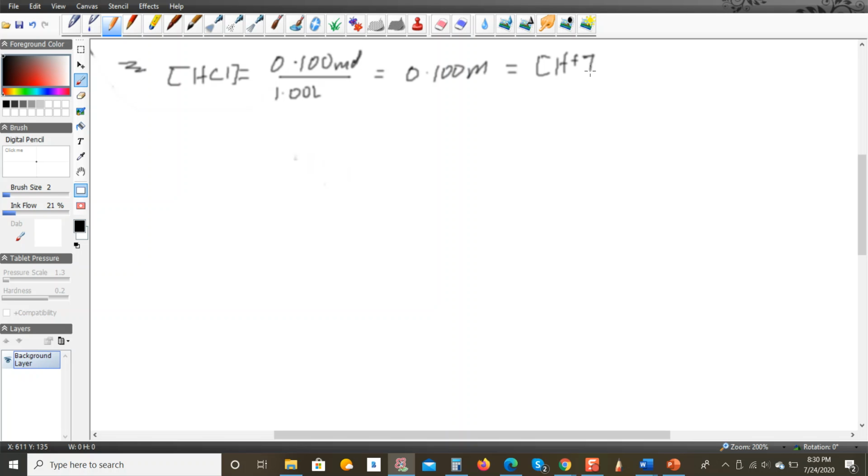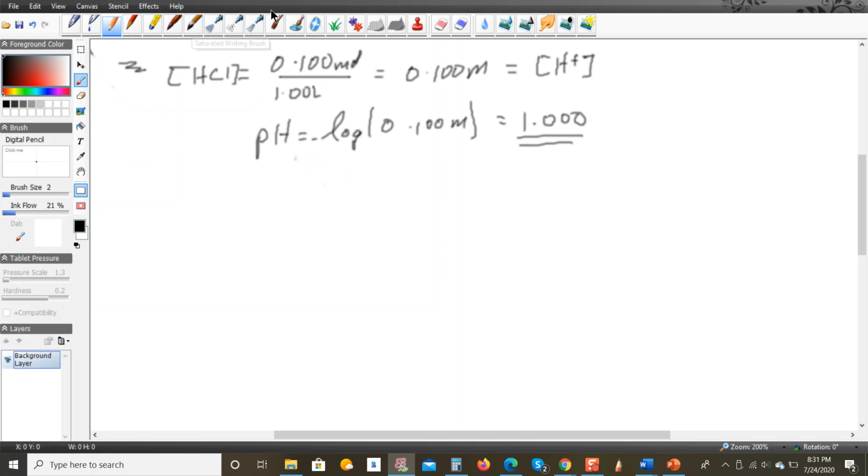of H+. So all we have to do is find the pH. pH is equal to minus log of the concentration of H+, which is 0.100 M, and that would be equal to 1.000, and that would be the pH of the solution before any sodium hydroxide is added to it. So that's relatively simple.